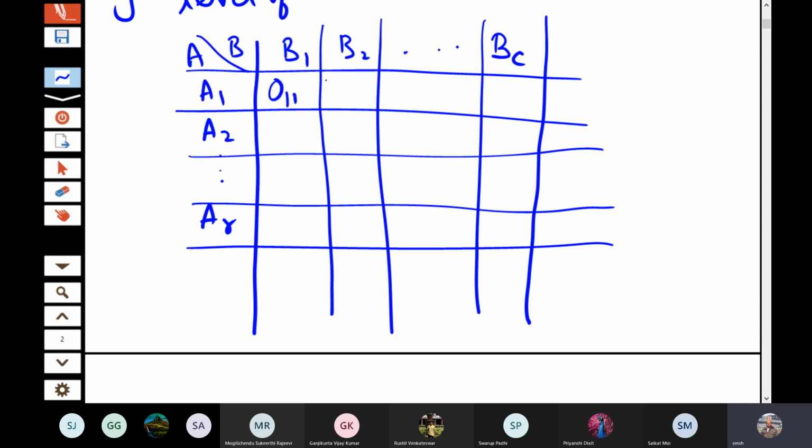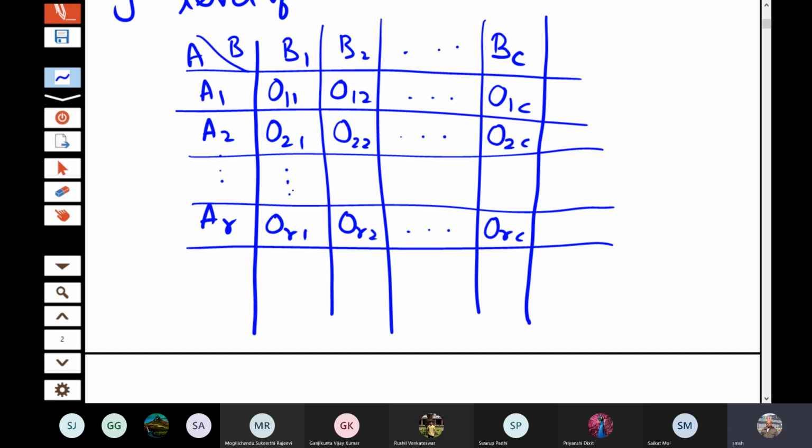Say for example, I mentioned A as the income level and B as the educational level. So the person with the highest educational level and income level, that is O11 is the frequency. So similarly, you will have O12 and so on, O1C, O21, O22, O2C, and so on, OR1, OR2, ORC.